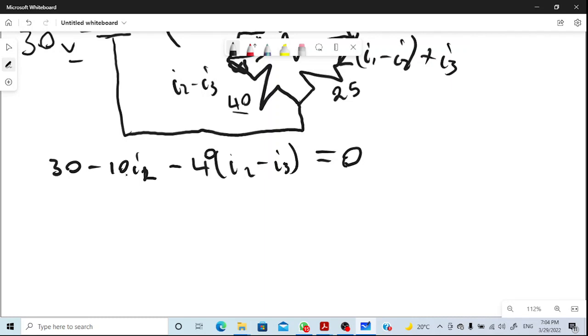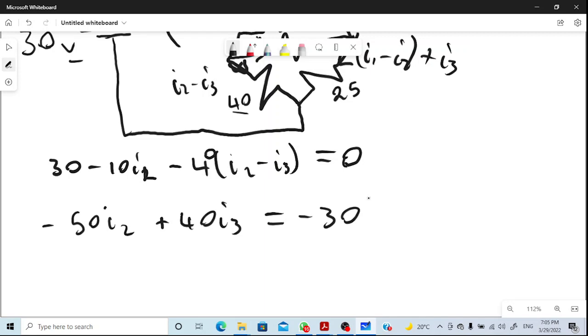So minus 10 plus minus 40 times I2, I'm gonna have minus 50 I2, then minus 40 I3, which equals minus 30. Minus 40 minus 30, it's gonna be positive.